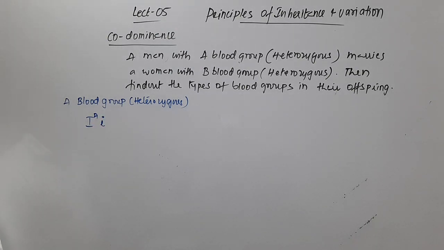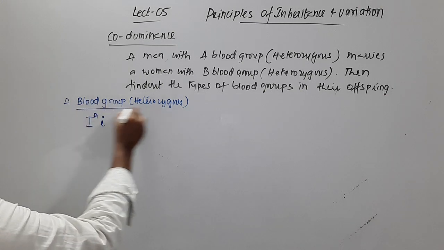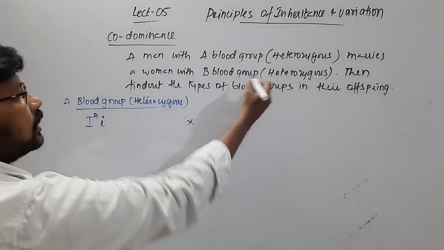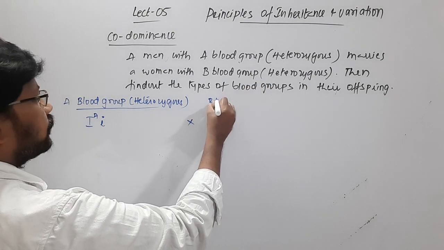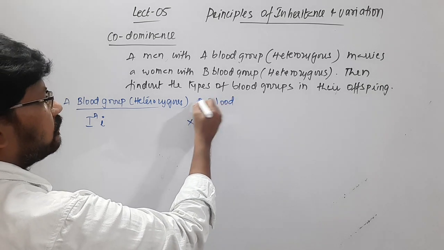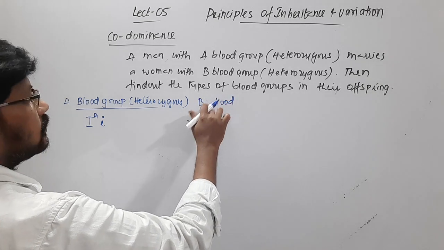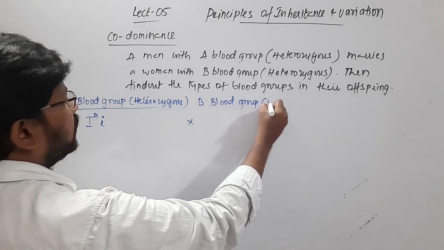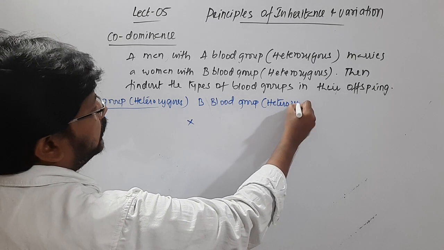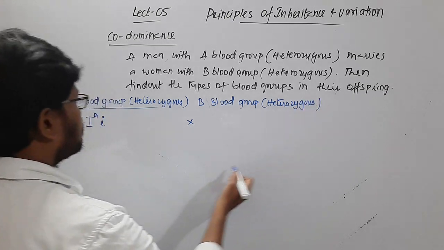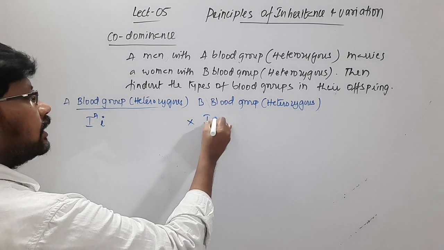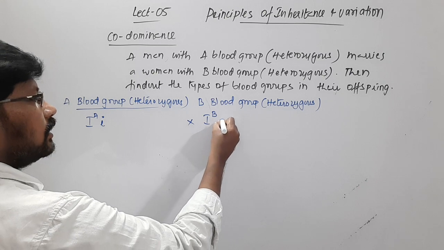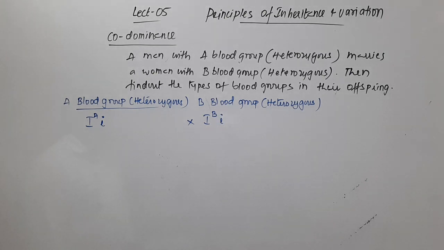Now he marries a woman with B blood group, and in this case the woman is also heterozygous, so I need to take capital IB and small i.